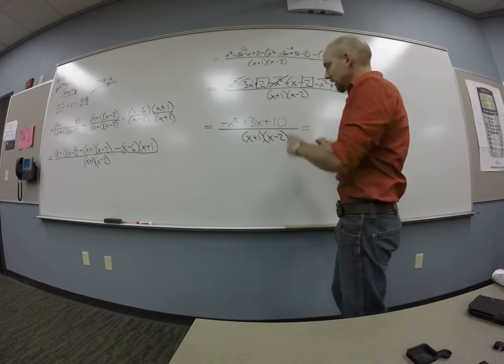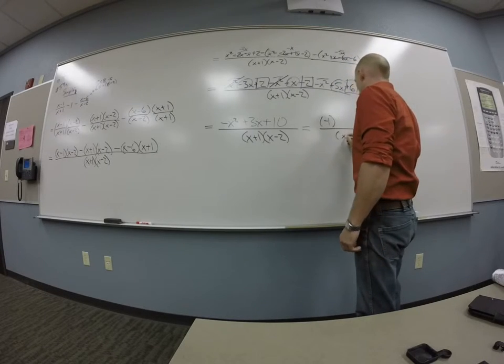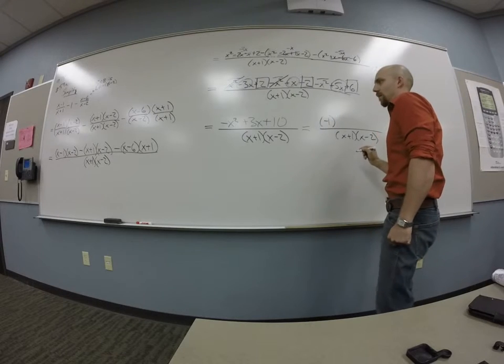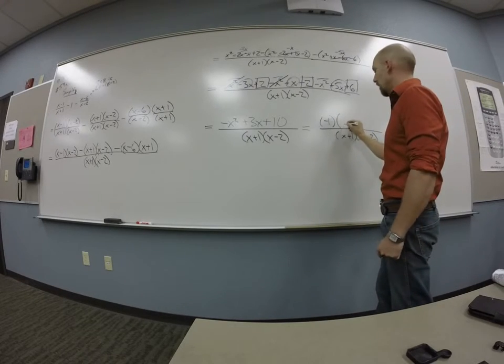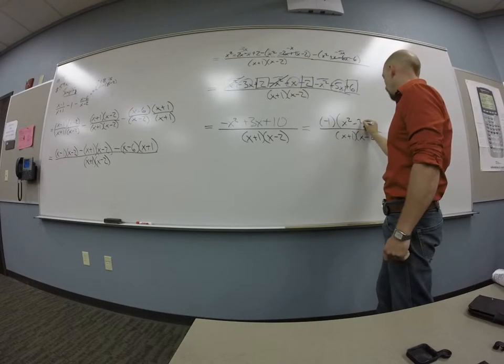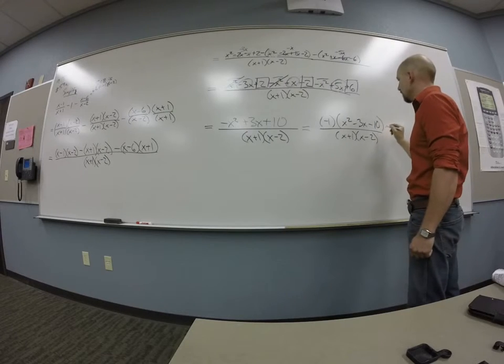So I could say, okay, this is the same thing as if I pull a negative 1 out of there. What do you get when you pull a negative 1 out of there? Change the sign. Okay, so we get a times x squared minus 3x minus 10. Very nice.